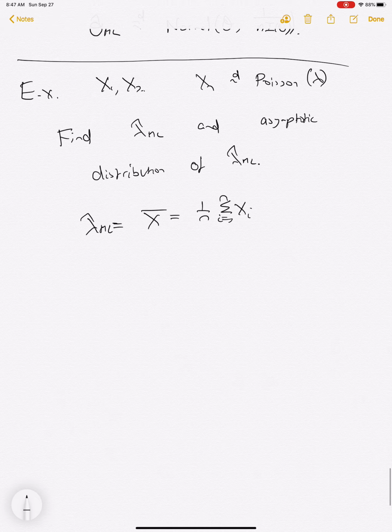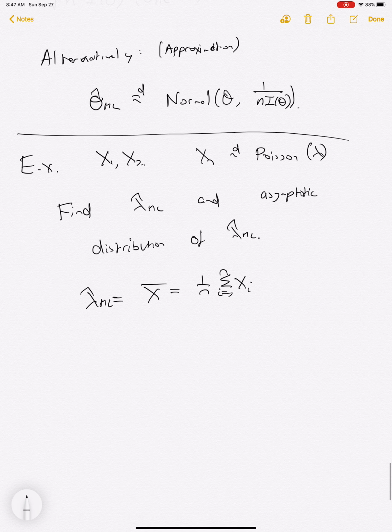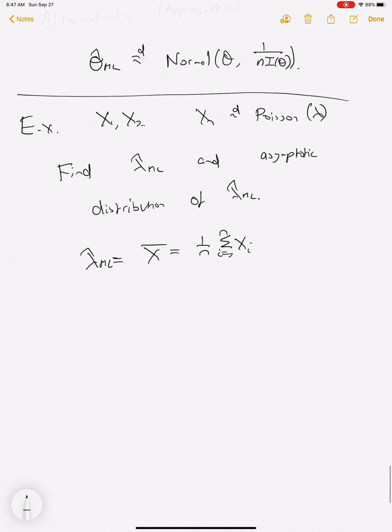The only ingredients we really need are firstly the x bar and then the Fisher information. We need to find theta hat ml and the Fisher information, and that really tells us everything we need to know.